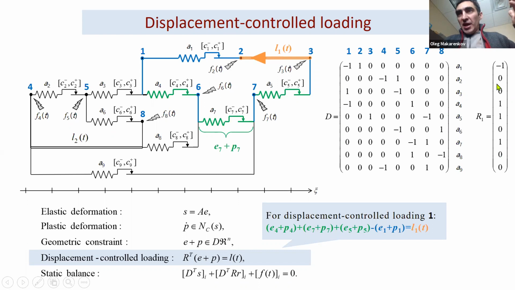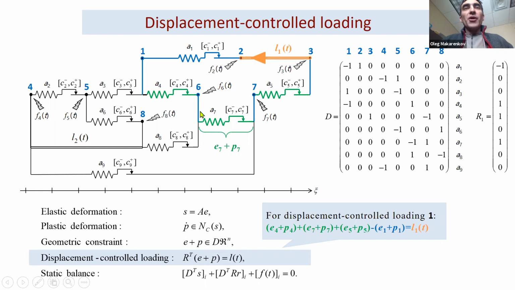What does it say? This incidence vector says that spring number 1 contributes negatively because it goes to the left, away from the loading and increases the distance, and these green springs contribute positively.